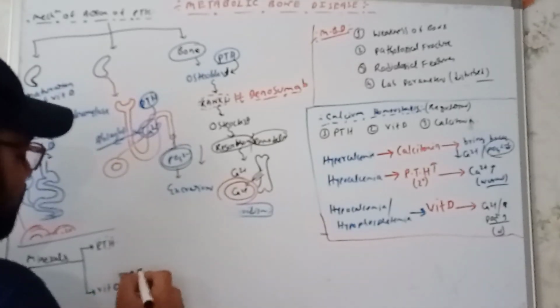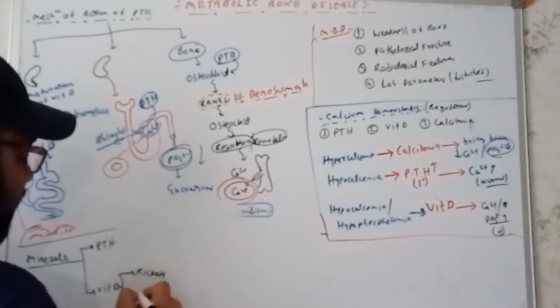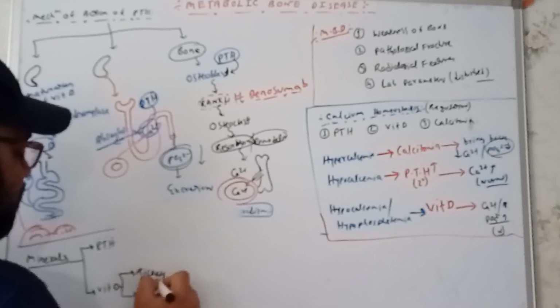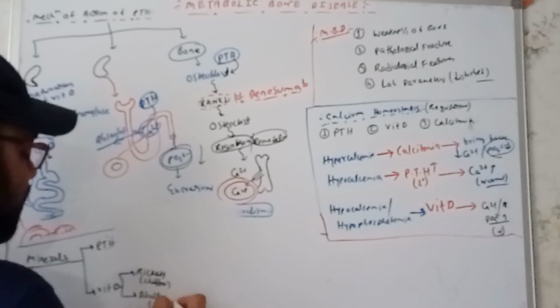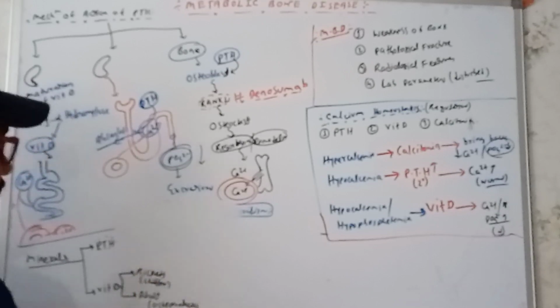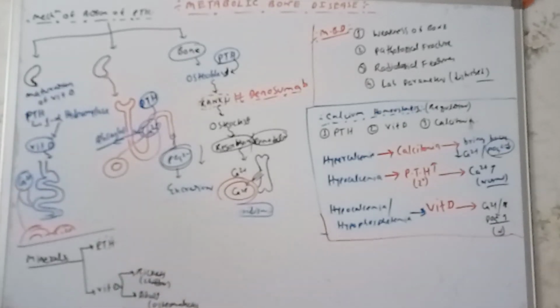In children, we'll see rickets. In adults, we'll see osteomalacia. In children, of course you know it, but yet I am writing it once. So these are the findings as far as the minerals are concerned.